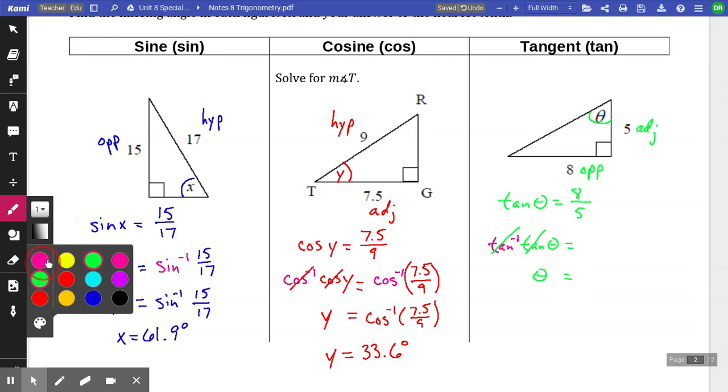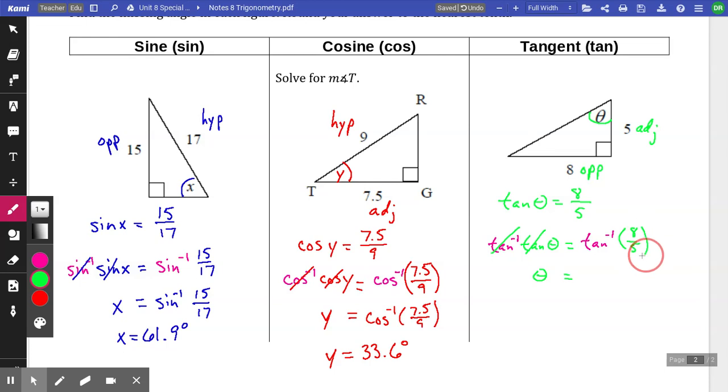And if we're going to use that inverse on the left side, we must also use that inverse on the right side. So we have arc tangent over here of 8 over 5. And that's the exact answer of theta. Theta is exactly equal to the arctangent of 8/5.